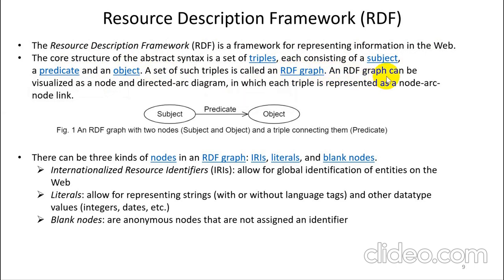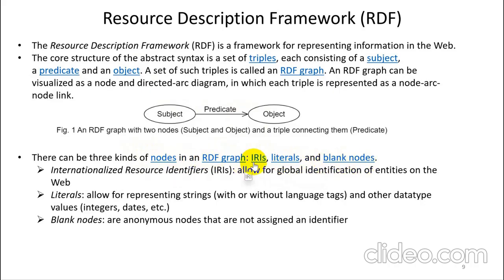An RDF graph can be visualized as a node and directed edge diagram in which each triple is represented as a node-link, as shown here. There can be three kinds of nodes in an RDF graph: IRIs, literals, and blank nodes.